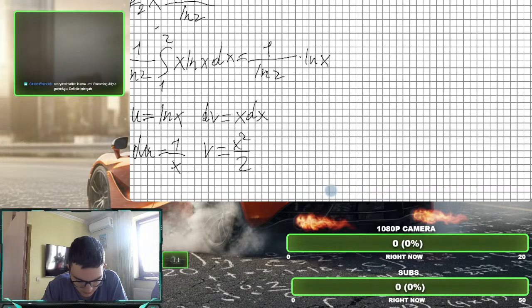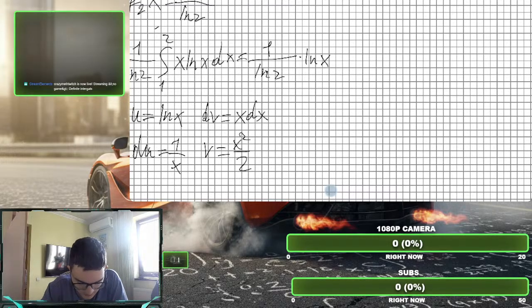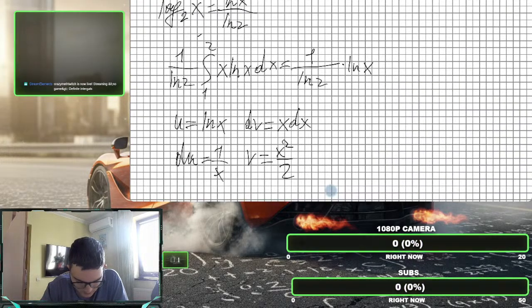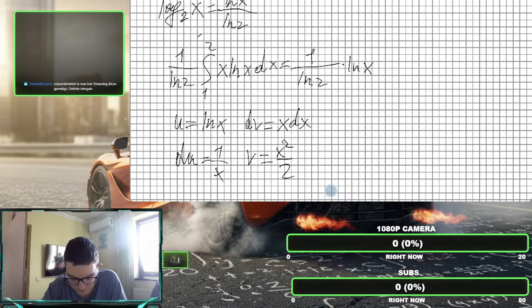So I was trying to solve this more complicated definite integral. And basically, I was here, I got this, and just started with that formula, right? The IBP formula. Basically, it's ln x now times v.